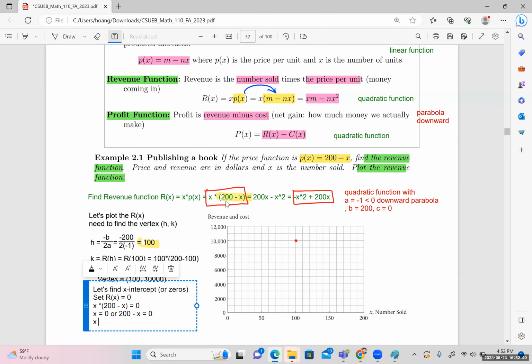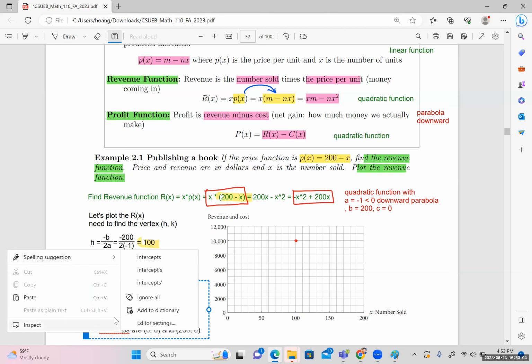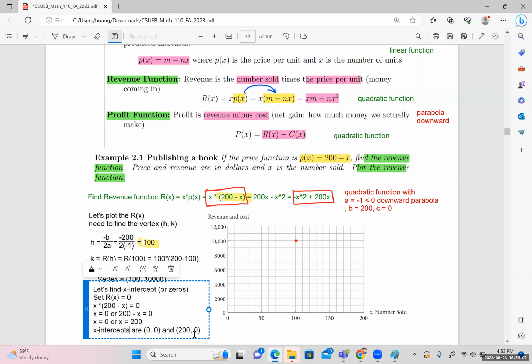So we can have x equals 0 or x equals 200. In other words, the x-intercepts are 0 comma 0 and 200 comma 0, right? Okay, so I've got to plot those two points. 0, 0.